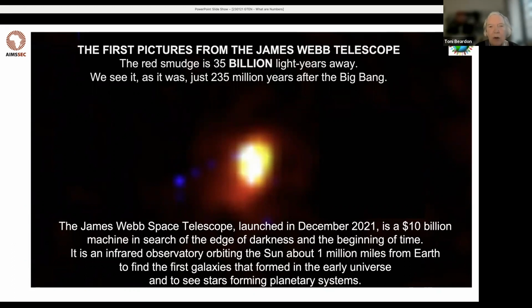So we're going a long way back now. The James Webb Telescope can take pictures of objects further away from us in light years, going back towards the Big Bang, the beginning of the existence of the universe.